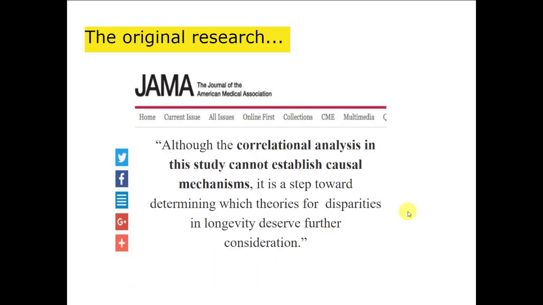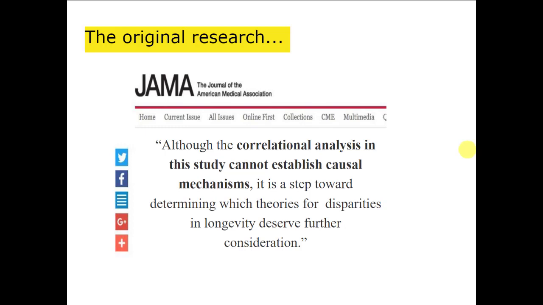Their exact words said, although the correlational analysis in this study cannot establish causal mechanisms, it is a step towards determining which theories for disparities in longevity deserve further consideration. So they themselves said that one did not cause the other, but in the Vox headline, it kind of got a little bit more twisted.